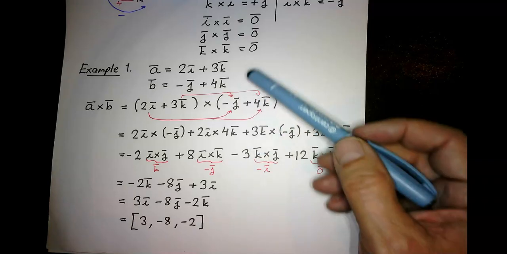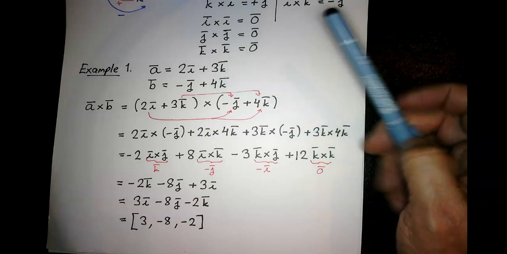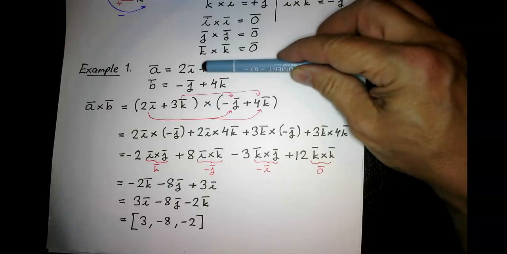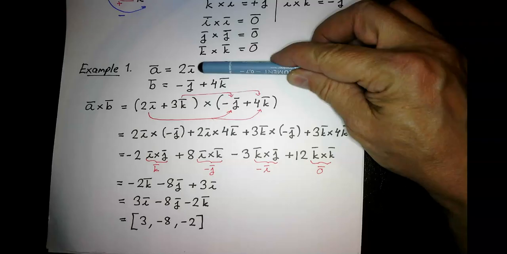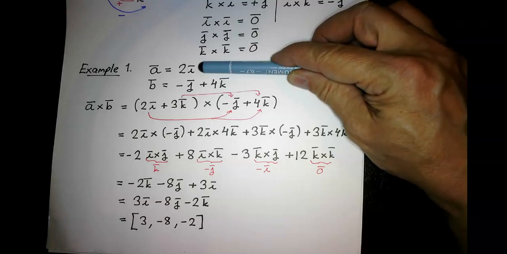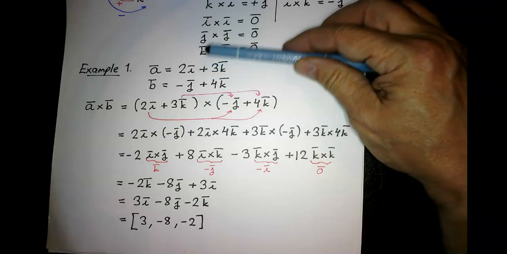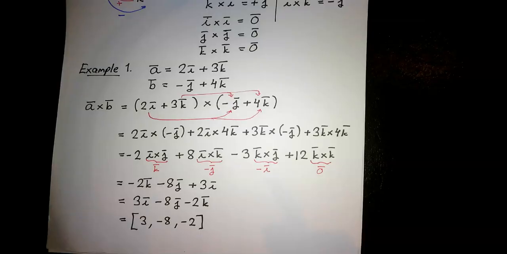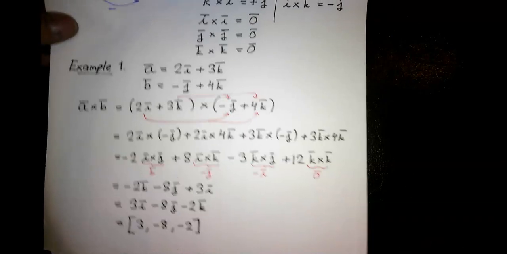For example, if we had such a simple vector that in this case we did not have this k part here at all, only 2i, and with this method you can get the result in your head. You don't actually need to write any intermediate steps to get the result. But I will solve this problem also with another method.